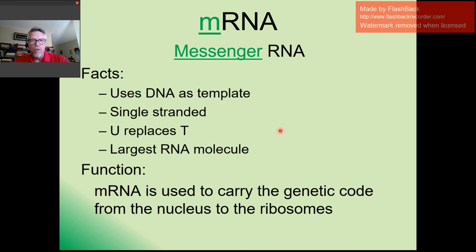You can't take the book home. And that written down recipe is the messenger RNA. So messenger RNA's function is to carry the recipe, the genetic code, from the nucleus out to the cytoplasm where the ribosomes are so that you can make the protein that you need. So think of mRNA as your recipe.